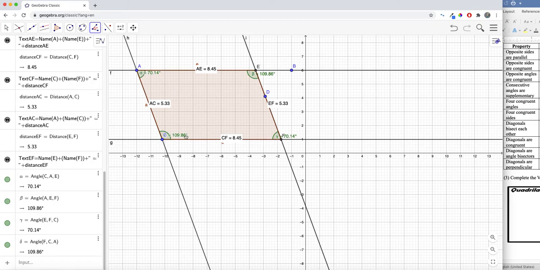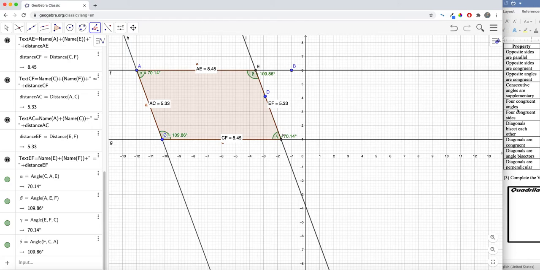These ones are about 70, these ones are about 110. All right, consecutive angles are supplementary. So what that means is if we're rotating around the parallelogram, the first two we come in contact with should add up to 180. This is about 110, this is 70, that would be 180, and yes, they are supplementary.